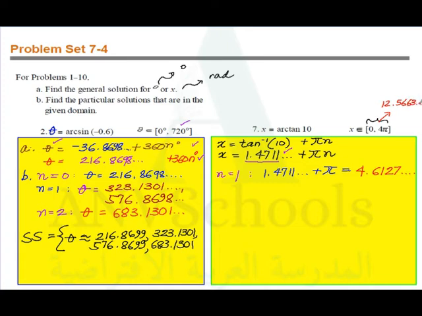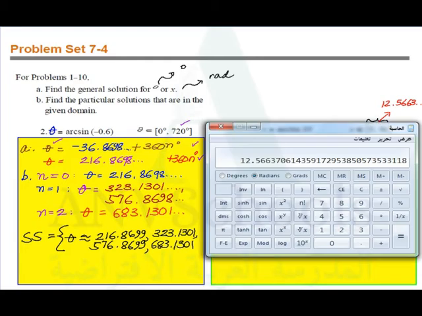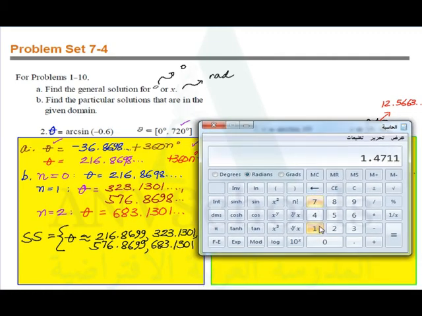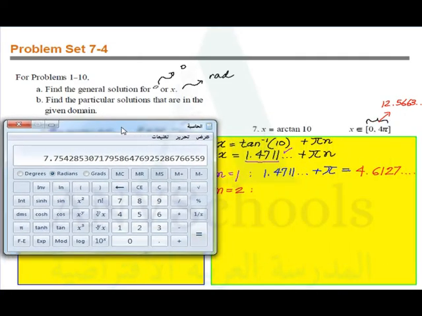So when n is equal to 2, we will have 1.4711 plus 2 times pi, that would be equal to 7.7542.